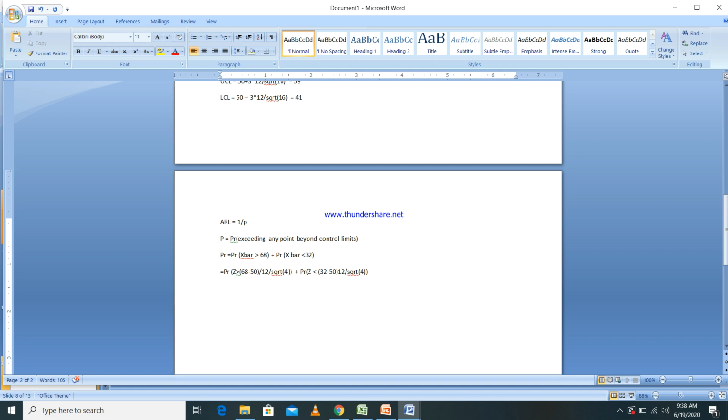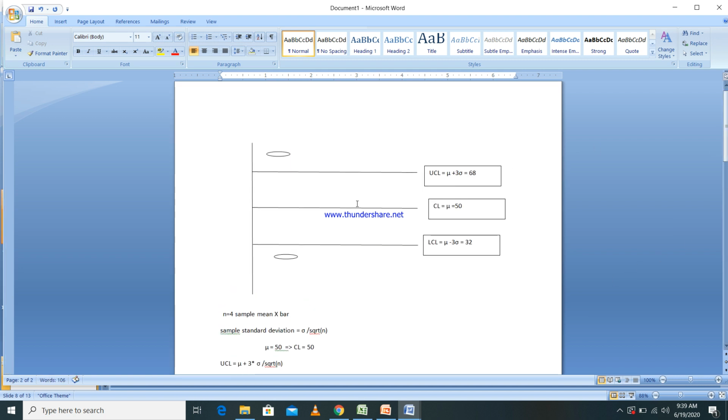So using standard normal table, you can calculate this probability, or what you can do is, actually this probability is equal to 1 minus the probability of receiving any point within these two limits.